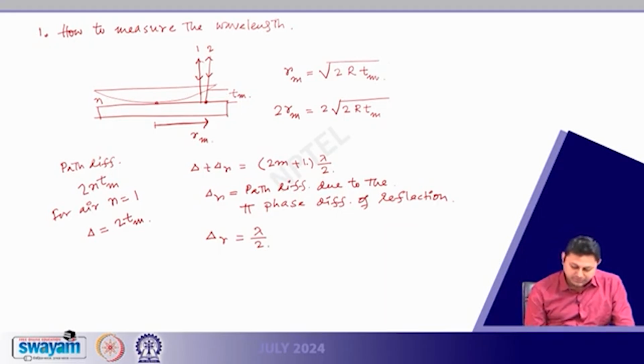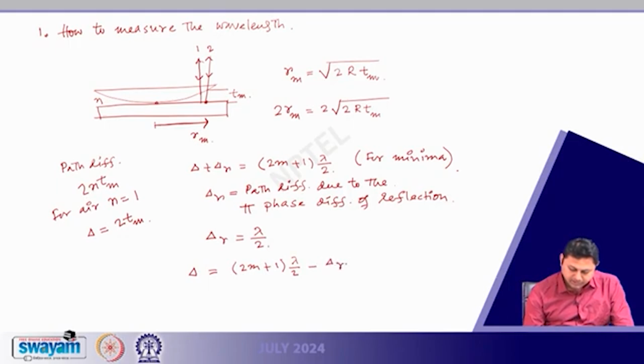So then the path difference for minima, delta, will be simply 2m plus 1 lambda by 2 minus delta r, which is equal to 2m multiplied by lambda by 2, or m lambda.